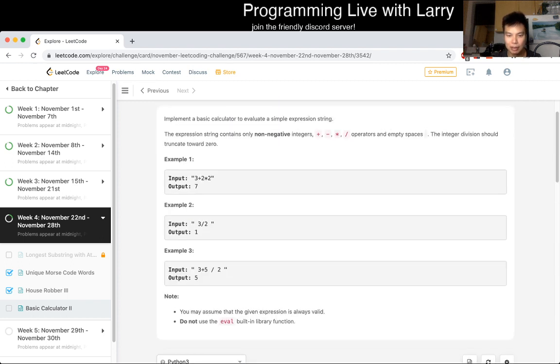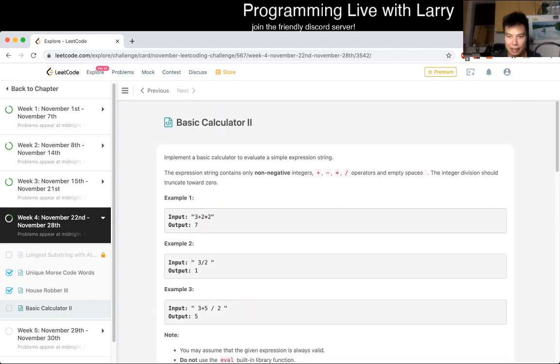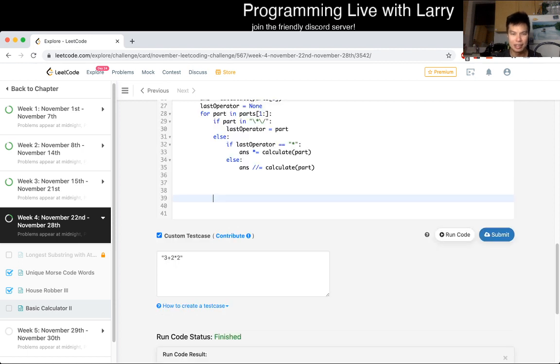And okay, is that good? Yeah, okay. I'm just trying to look for the division case. Should truncate towards 0. I think that should be okay. Maybe on negative numbers it is a little bit weird. I have to double check that one.